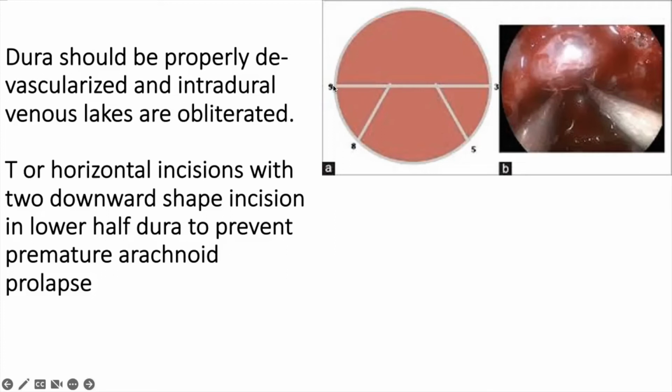So you can make a T-shaped incision, or a horizontal incision and two downward incisions, and take out the tumor from the posterior side and from the lateral side first, and the superior side of the tumor should be removed last, because if you remove this first or in between, then the arachnoid may descend, and the tumor removal in the rest of the portion may become difficult.